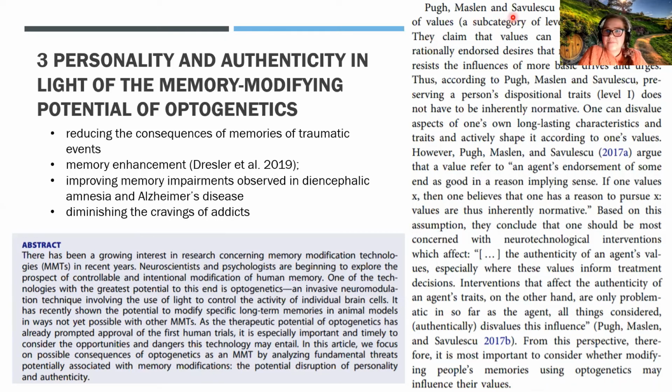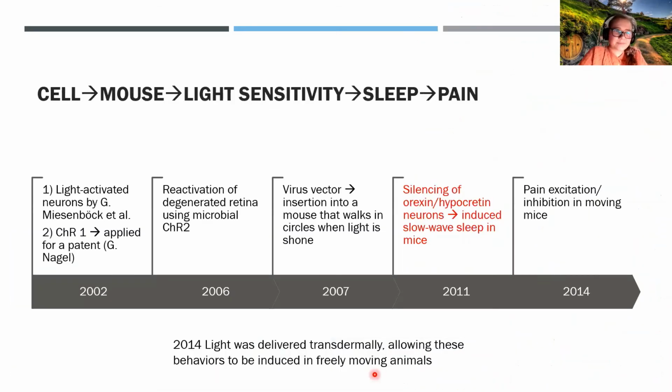For example, the role of values was emphasized for authenticity. And the issue discussed in this paper was whether modifying people's memories using optogenetics is ethical due to influencing patients' values. Yeah, because optogenetics could disrupt the personality of patients.